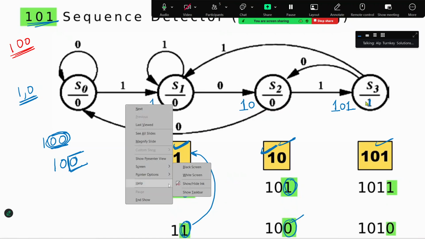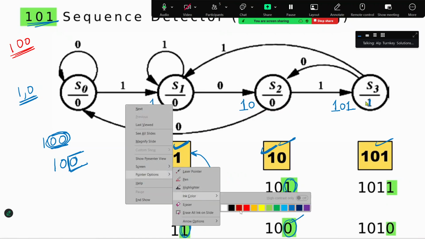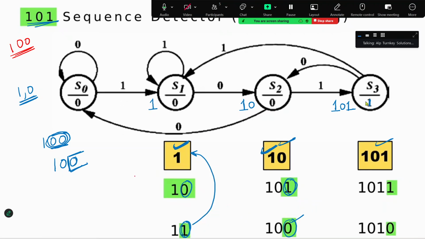After getting this sequence, after 101, you need to check for two cases, either 0 or 1. Suppose if it is 0, and next 1 0 1, it can be 1, no?